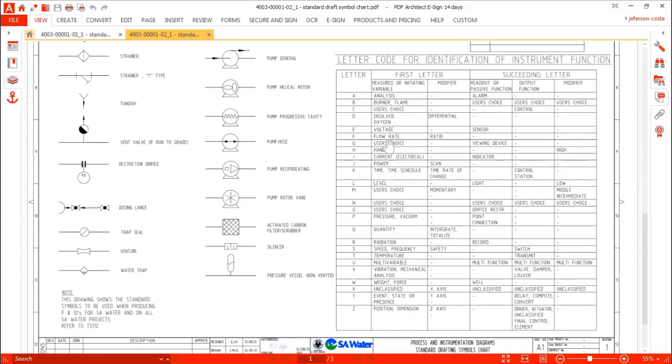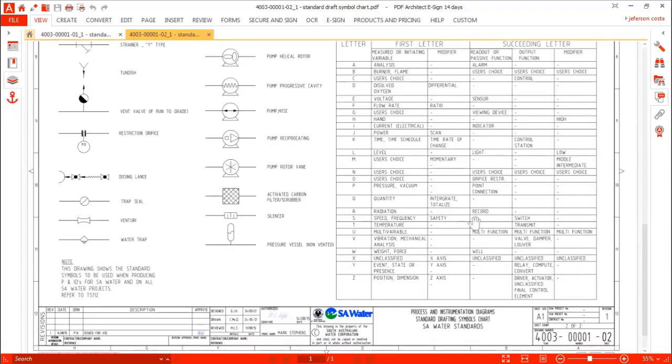For instance, PIC, first letter is P, so we have pressure, and the second letter is I, so we have indicator, and we have a succeeding letter that is C, that is control, so we have pressure, indicator, control. And that is how we start reading a piping and instrumentation diagram.